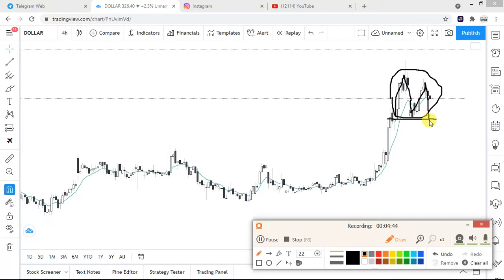So here we will wait for a retest. That retest should be either inward or outward.